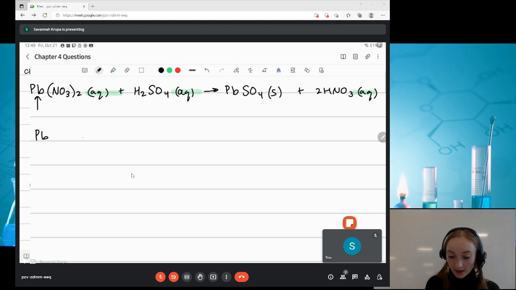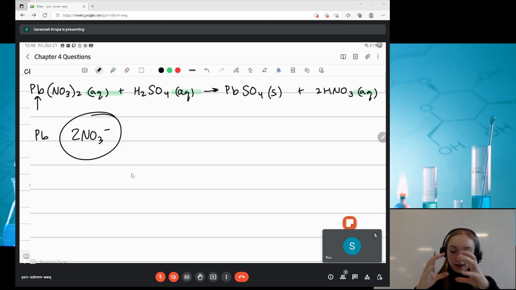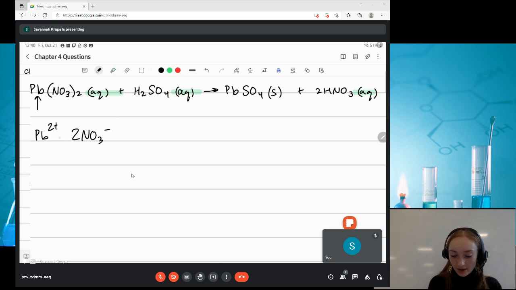Because nitrate has a charge of minus, and we have 2 of it here, these ions have a 2- charge, so the lead has to have a 2+. So we know that the lead in this problem has a 2+ charge. And so those are what those 2 ions look like.